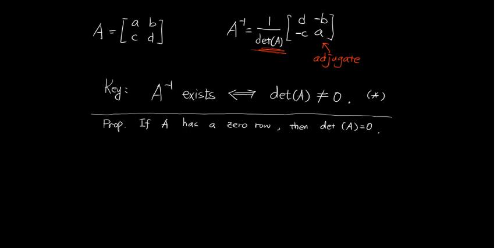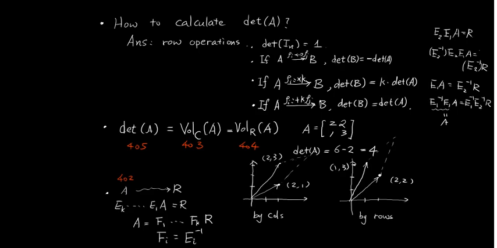But now, because you are taking the math major, you have to think about the definition of the determinant. The definition tells you that we have 4 rules. But none of these 4 rules talks about this behavior. There's no rule that says if you have a 0 row, then the determinant is equal to 0.